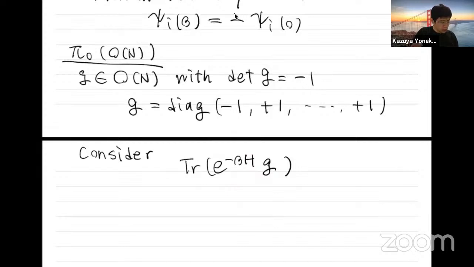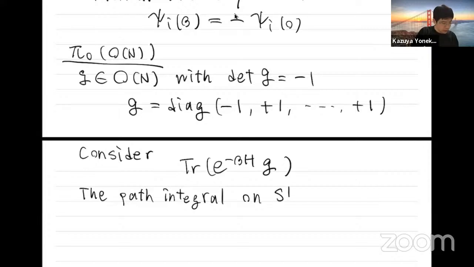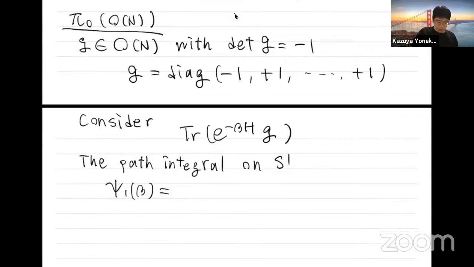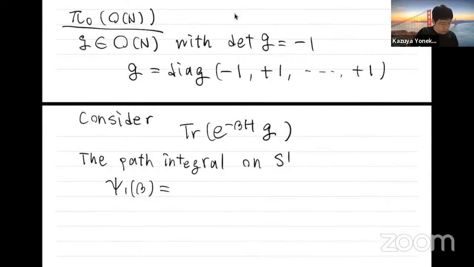So to see the anomaly, first let's notice the boundary condition. So it is described by the path integral on S1. But now the boundary condition is twisted by the group element. So the first component of the fermion now satisfies periodic boundary condition.